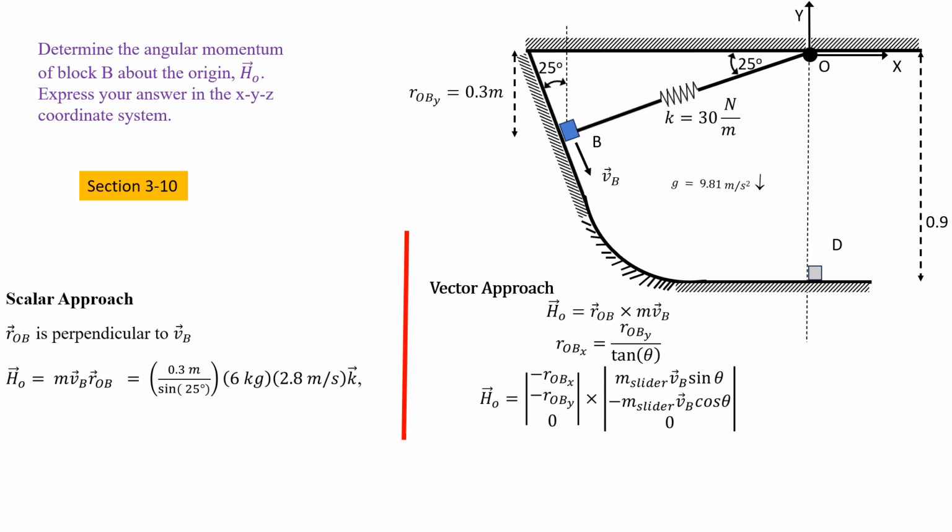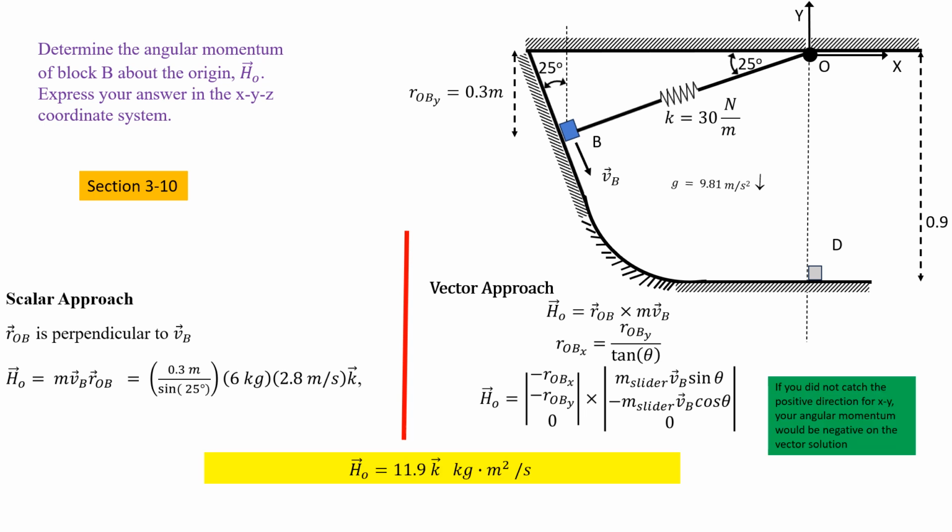You could also do this as a vector approach, and it's R cross MVB, and you just have to recognize that ROBX equals ROBY divided by tan of theta, and so you put both of the terms in, cross multiply it by the components of velocity. And no surprises here.